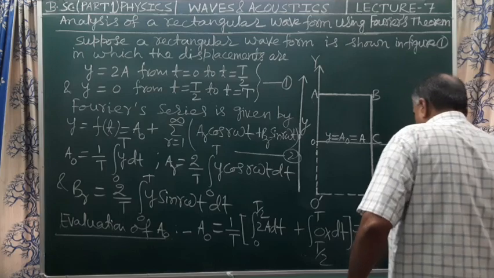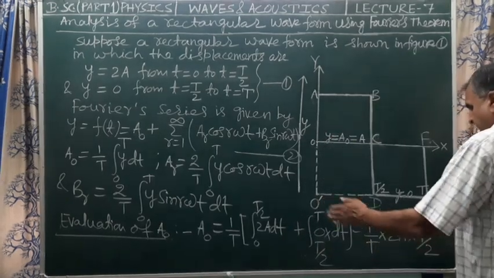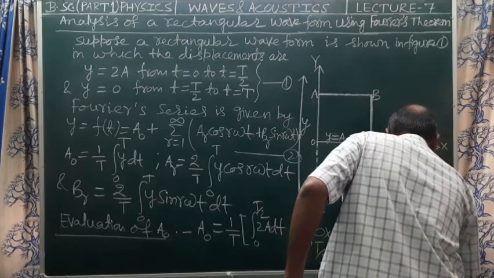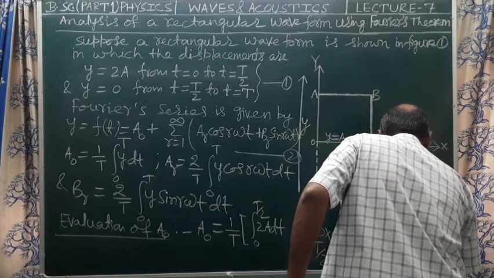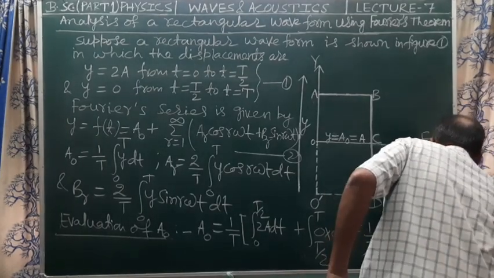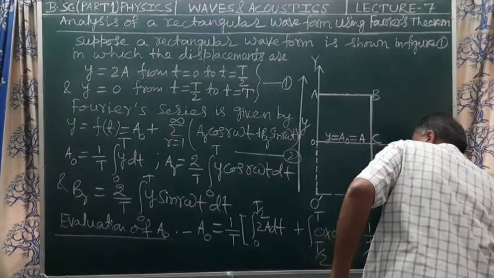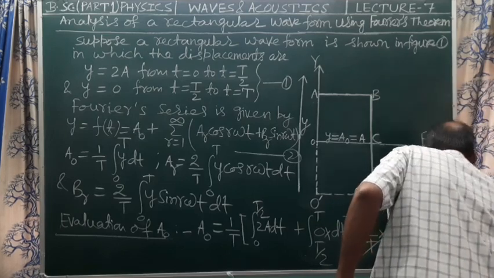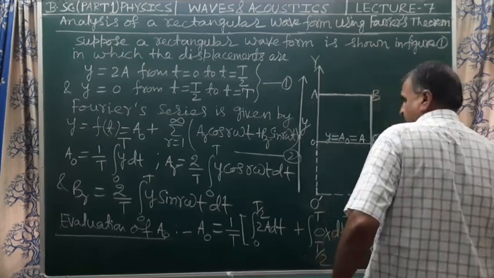So we have 1 by T into 2a multiplied by T by 2. 2 and 2 will cancel out, and T and capital T will also cancel out in the numerator and denominator. So the value of A0 is capital A.